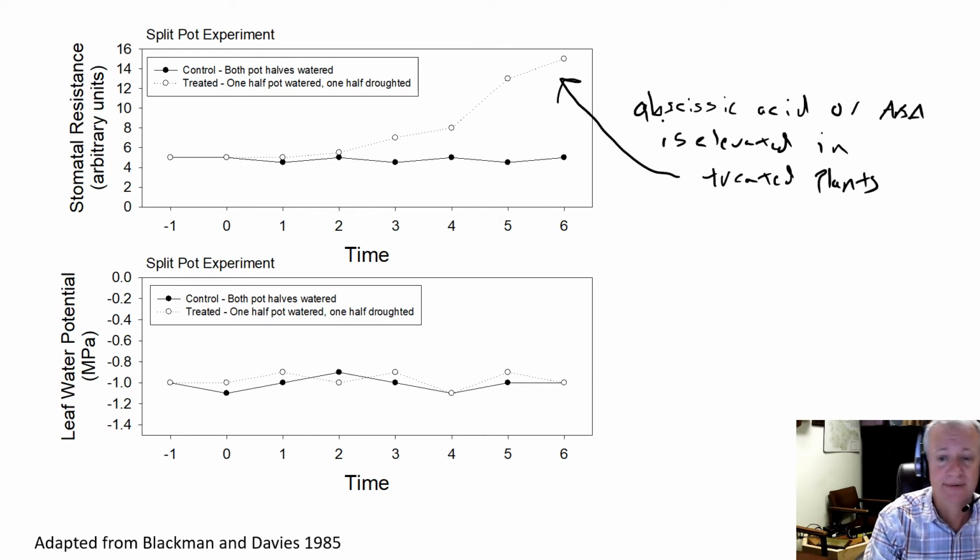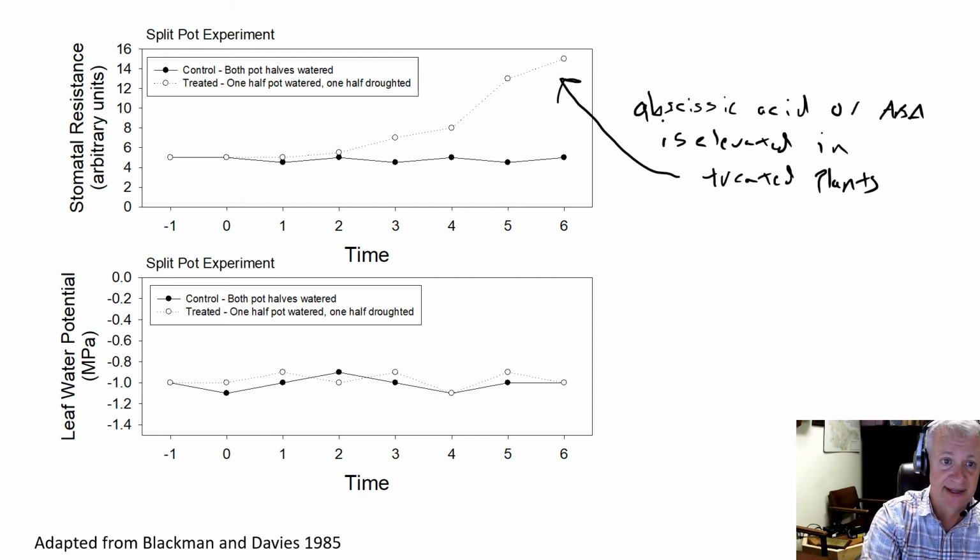So that dried part of the root system is generating ABA, and that's causing the stomata to close. That ABA response is a mechanism that allows plants to sense drying soil and to have stomatal closure even in the absence of a change in water potential in the shoot.